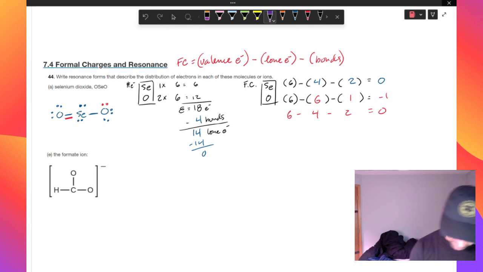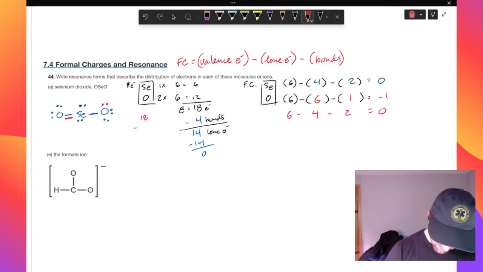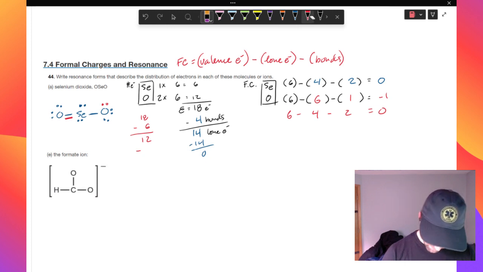And just to do my accounting, we started with 18 valence electrons. I'm going to do this in red again. Minus 2, 4, 6 in bonds gives us 12. Minus 2, 4, 6, 8, 10, 12. That's not right.